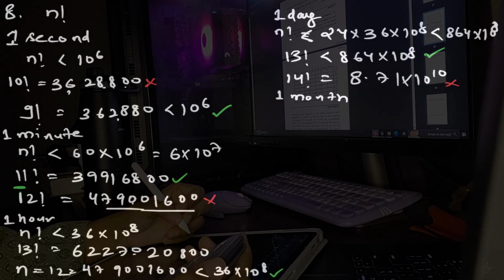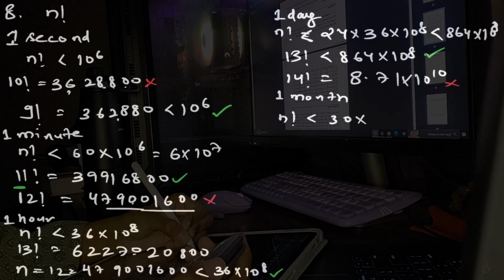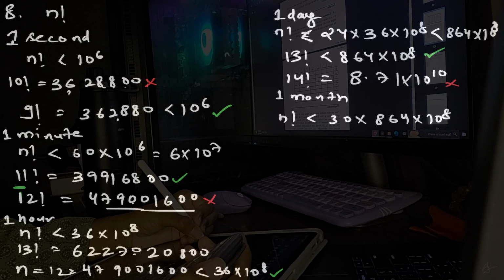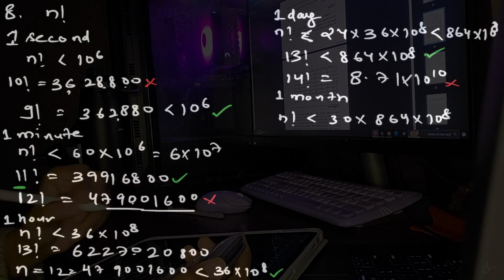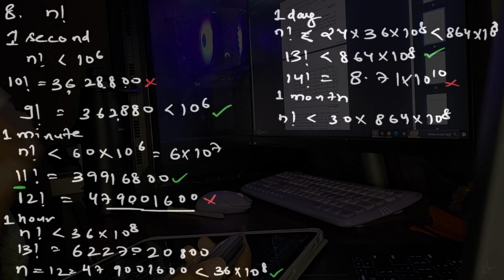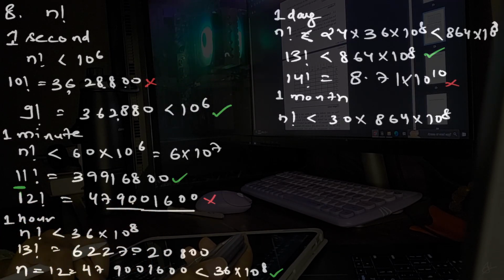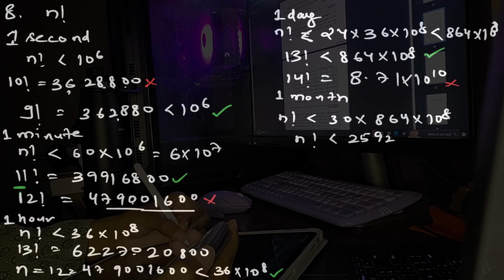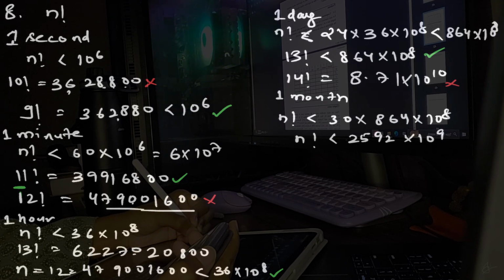Okay, 1 month. 1 month has 30 days, and I'm going to take 30 into 864 into 10 to the power of 8. Okay, let me do 864 into 30. 2592 into 10 to the power of 9.